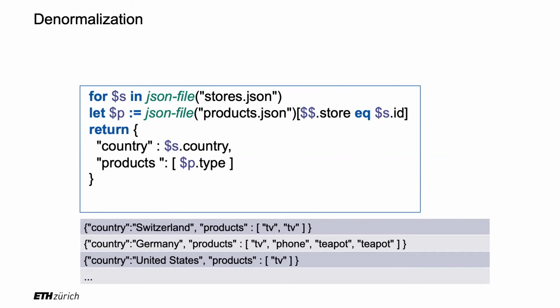So what you do is that you iterate on the stores, then you iterate on the products, but of course filtering to make sure to take the products for that store. And then you return the country and products as a nested array. That's what you cannot do with standard SQL. And inside the products, you get all of your product types. This is called the denormalization. We take the two data sets and produce a new data set where now it's nested and denormalized. Does it make sense?